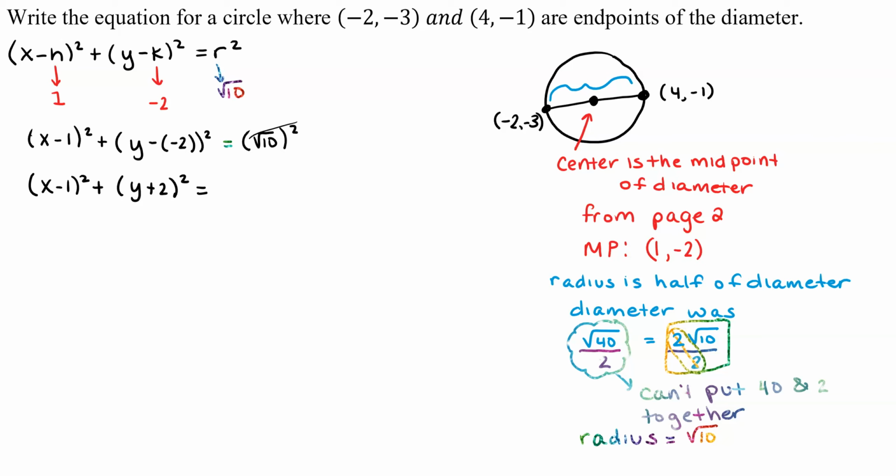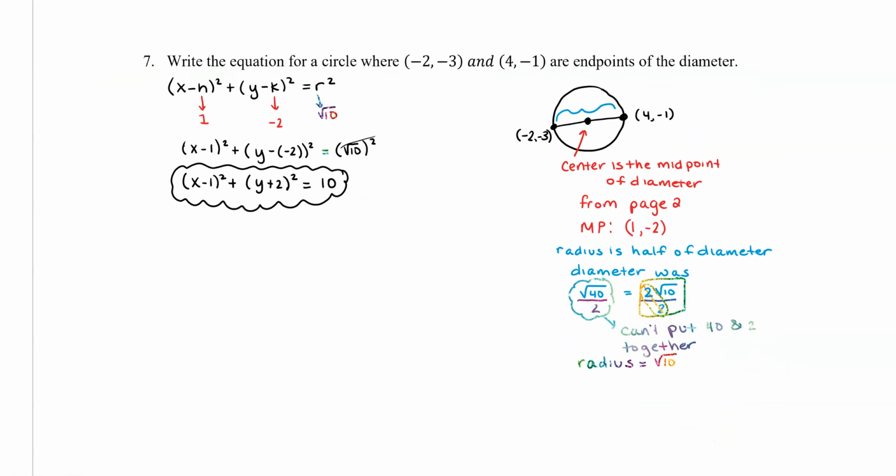Well, that just makes 10. So the equation for this circle is x minus 1 squared plus y plus 2 squared equals 10. And that took the information that they gave us, and we made an equation out of it. All right.